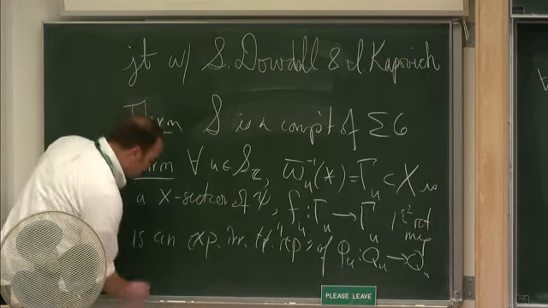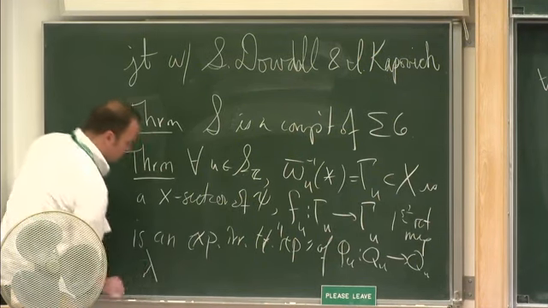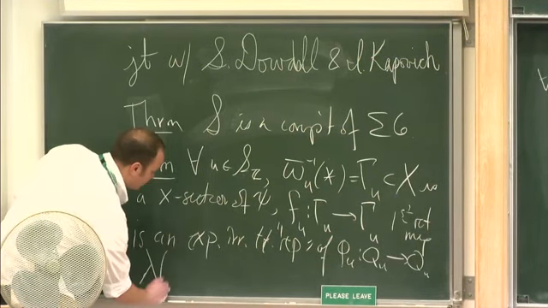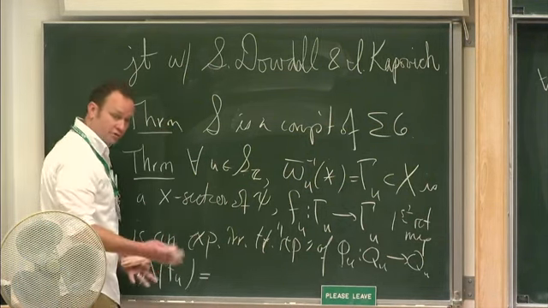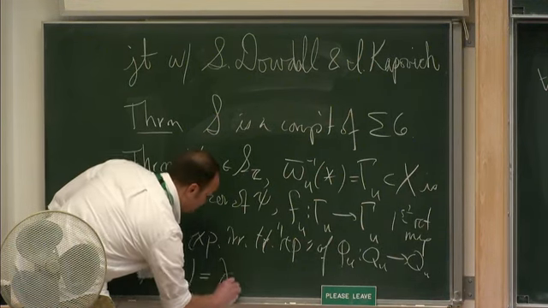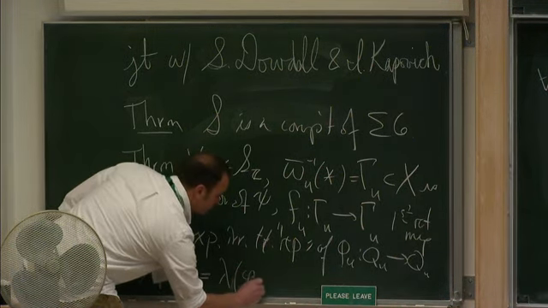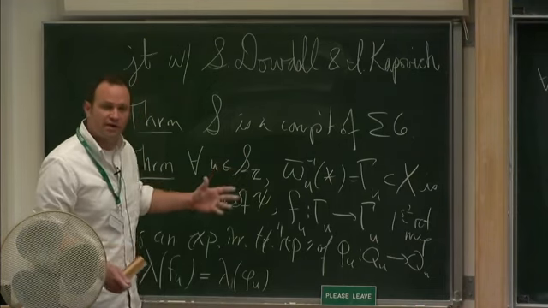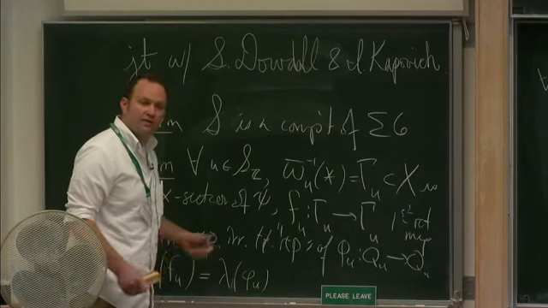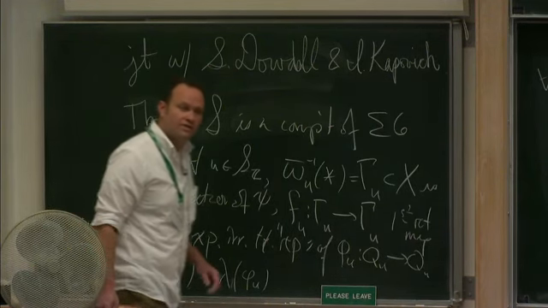So there's the stretch function, lambda of f sub u, and this is exactly equal to the growth rate of phi u. So even though it's not actually a topological representative, you can still capture growth rate with this function.